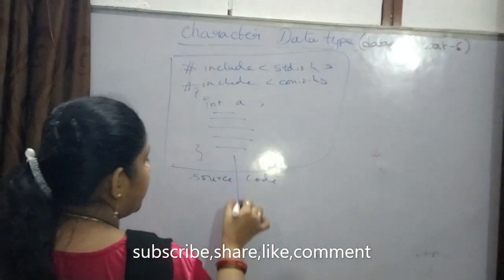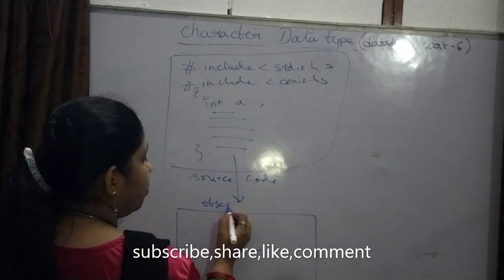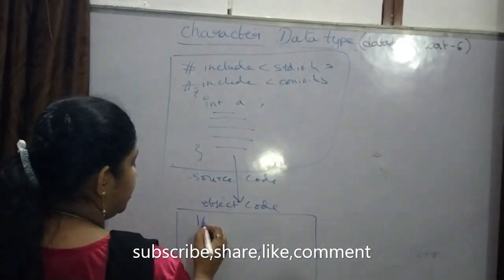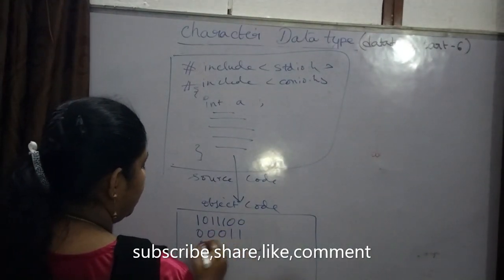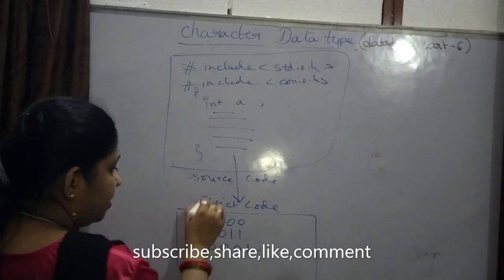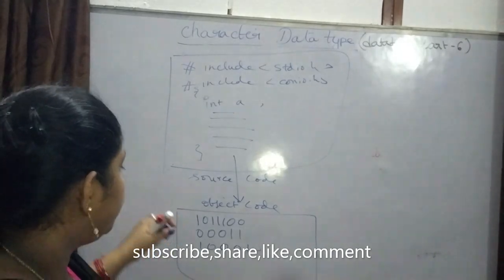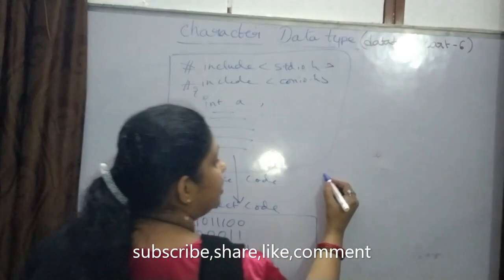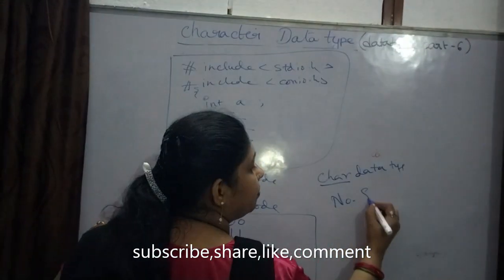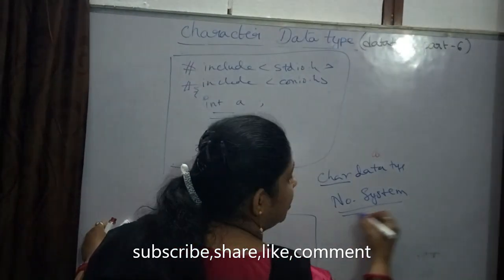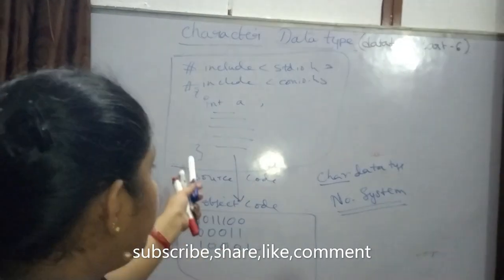So the moment it sees this program, it changes to the object code, right? Now object code will be in which language? Binary system, like this: 1 0 1 1 0 0 or 1 0 0 0 1 1 or 1 0 0 0 like this. So it will change to this code and it will try to understand the program we have given. So because of this reason, we are taking the character data type also in the number system. Understood? So integer number system we are taking.